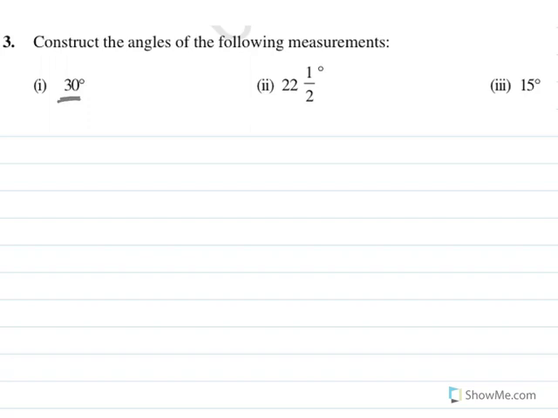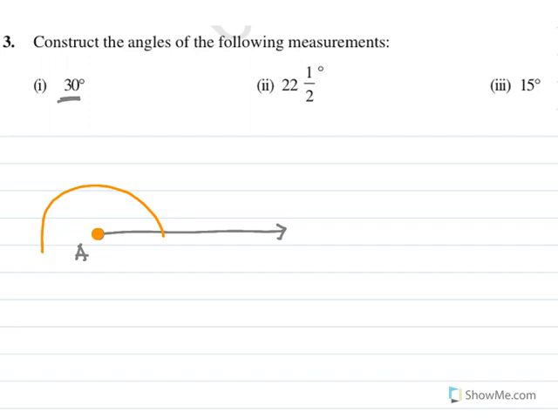Next we learn to draw 30. So for 30 again, you will first draw a ray. This is the initial point of the ray. Keep your compass at A, take a convenient radius and draw this arc.